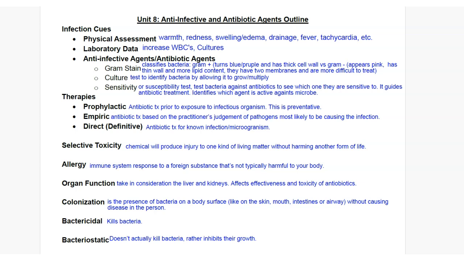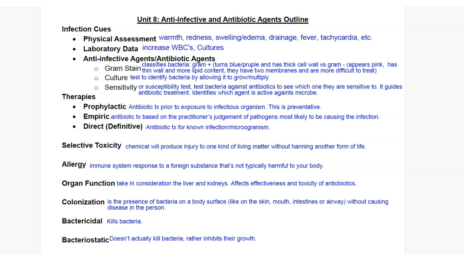Some patients may come in with fever or elevated temperature, as well as elevated heart rate or tachycardia. As I mentioned before, there could be many different symptoms depending on the location and type of infection, but these are your more common assessment findings or cues when a patient has an infection. Now, if we're looking at the laboratory data, you may tend to see an increase in WBCs.